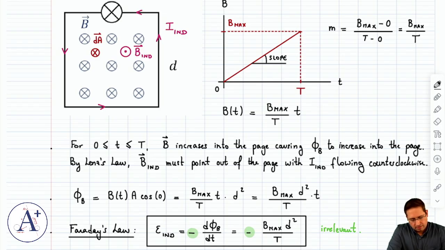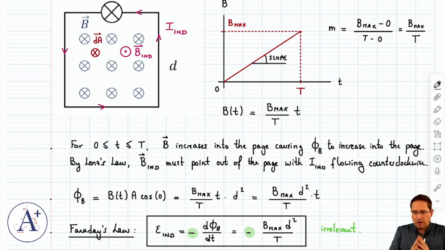The minus sign would tell me that if I were very careful in setting up Faraday's law and I use the right-hand rule as my sign convention, that if B is into the page, then counterclockwise is negative because into the page is associated with clockwise, then the minus would tell me the direction of I induced. So in practical terms, the minus here is irrelevant in 8b.